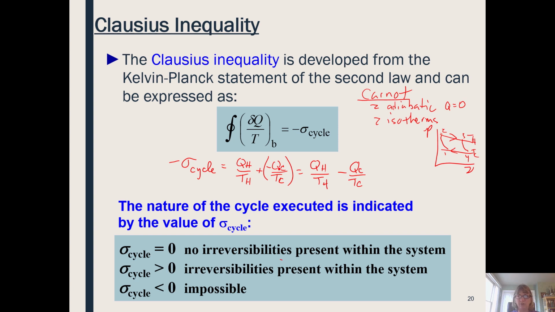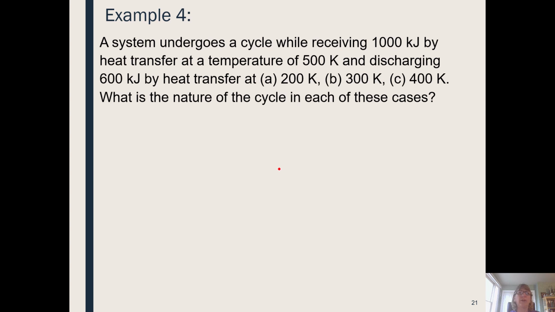So let's try this out. We have an example 4, and we have a system that undergoes a cycle, which receives 1,000 kilojoules of heat transfer at a temperature of 500. I'm just going to draw this to keep everything in mind here.